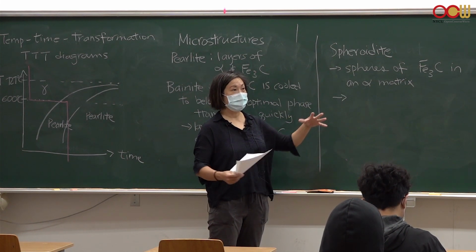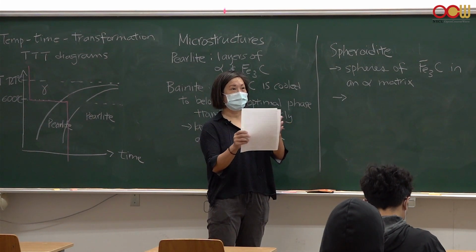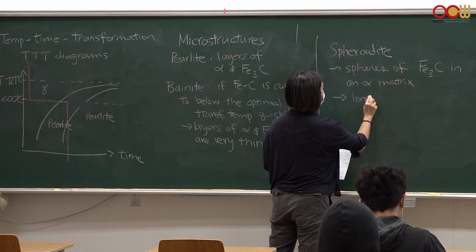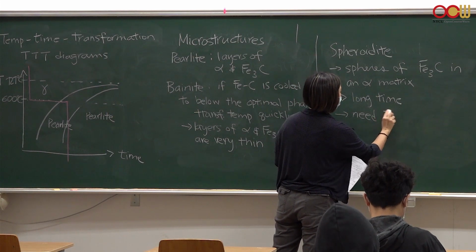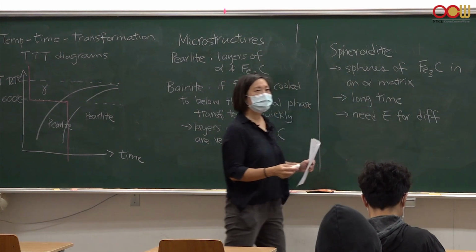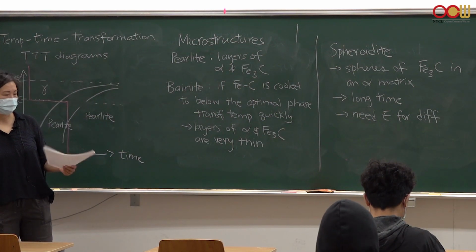Spheres, right? Because there's more diffusion that needs to happen in order to form a sphere compared to layers. So it'll take a long time. And it needs energy for diffusion. So probably at an elevated temperature. You need to hold it at an elevated temperature for a long time.